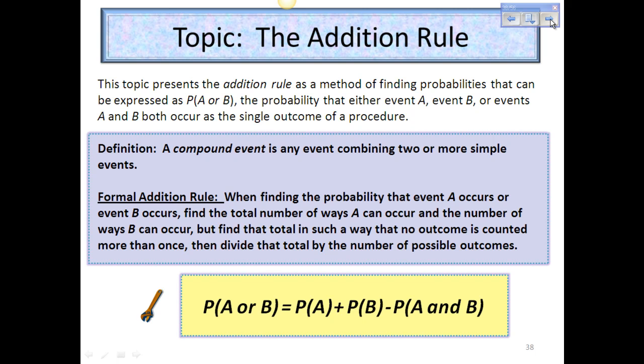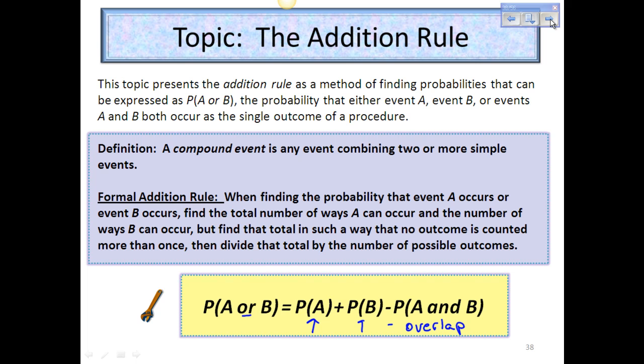So, our tool that we're going to be using for OR is we find the probability of A, add it to the probability of B, but then subtract where they overlap. Where do A and B occur together, if at all? And that's the question that we have to ask ourselves when doing these problems.